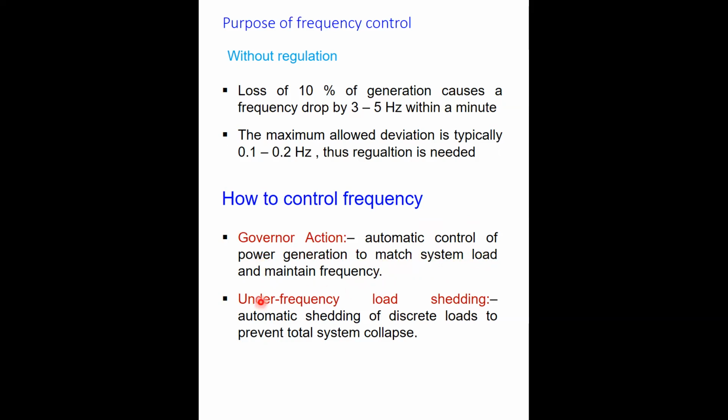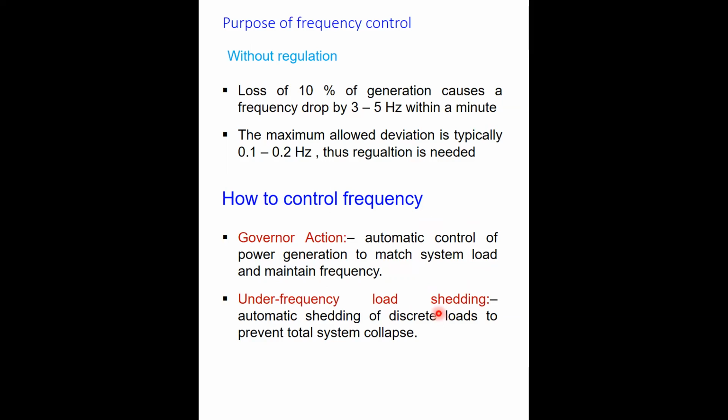In some cases, we also adopt under frequency load shedding. That means you don't have sufficient generation available, but you find the load has gradually increased. So in that case, we may have load shedding, that means stripping out some non-priority load.